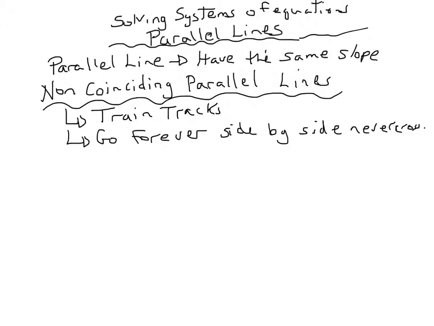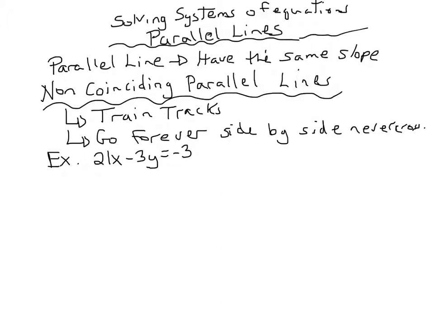So what happens if you have two non-coinciding parallel lines and you try to solve the system of equations? Let's look at an example. One of my equations is going to be in general form, or almost: 21x minus 3y equals negative 3.